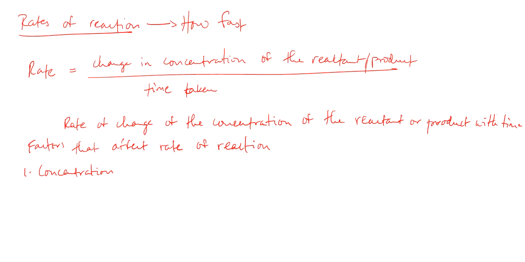So what you need to know in the case of concentration is that when you increase the concentration of the reactants, now some people might be confused as to what are reactants and products. Let's say we have 2 things reacting here, A and B, and it gives us C. A and B are the reactants and C is a product, right? Make sure you understand that.